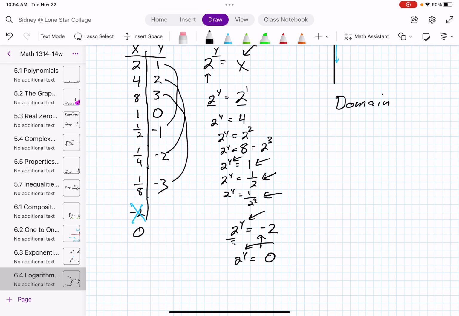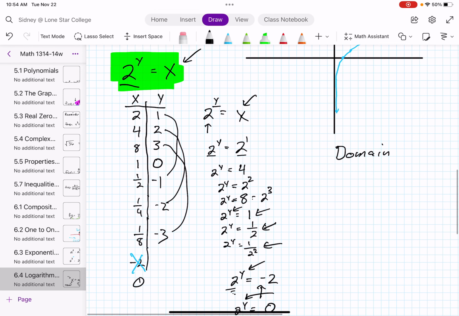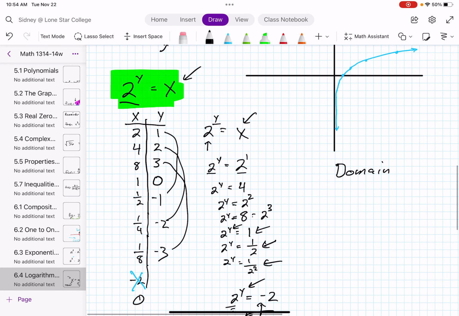I can get real close to 0, but it'll never actually be 0. So when we look at the domain, there's a vertical asymptote at x equals 0, the y-axis. So we have an open parenthesis at 0: it gets infinitely close to 0 but never touches. And it will go forever to the right. I can get values bigger and bigger.